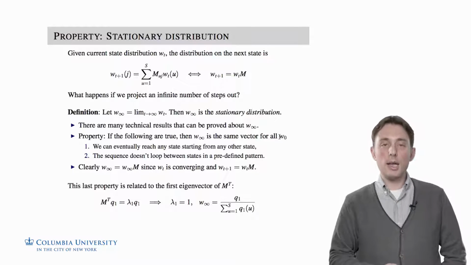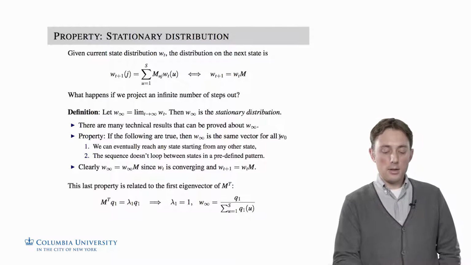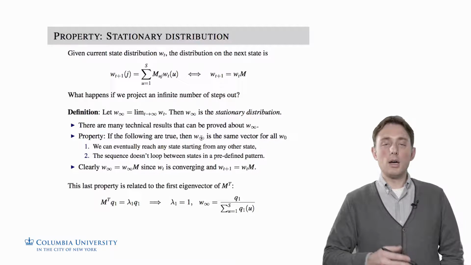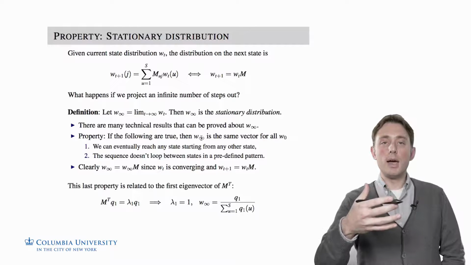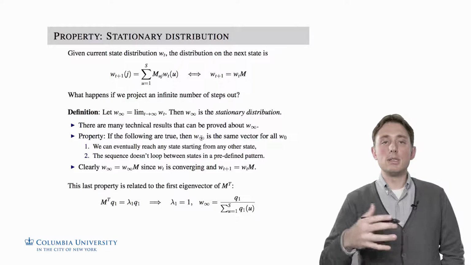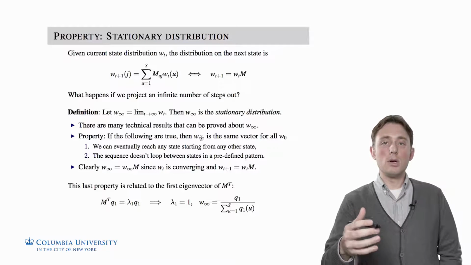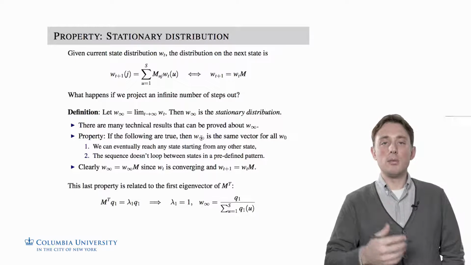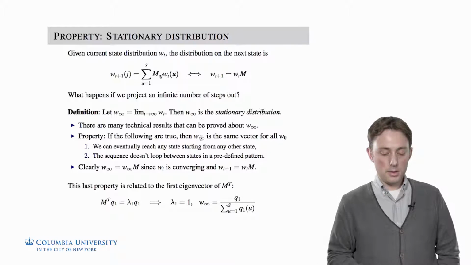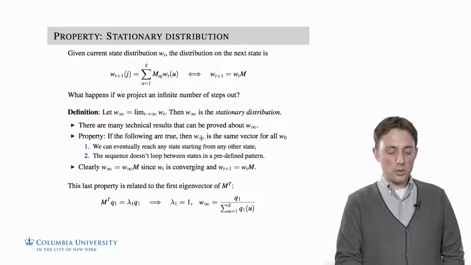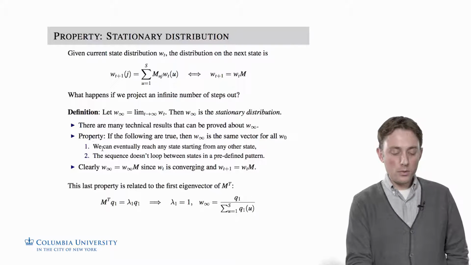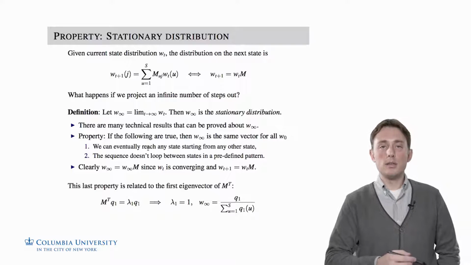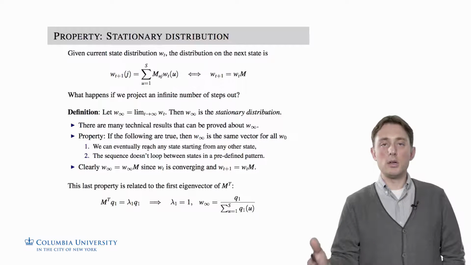So given any state that I start out at, my distribution on where I'm at an infinite number of steps from now is the same in all cases. So just telling me where I'm starting is not going to help me say anything about where I'm going in the infinite distance. But this is only true if first we can reach any state in the Markov chain by starting from any other state.